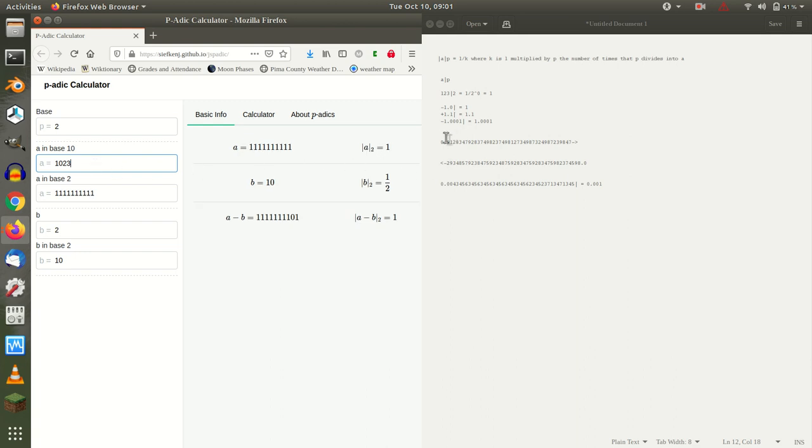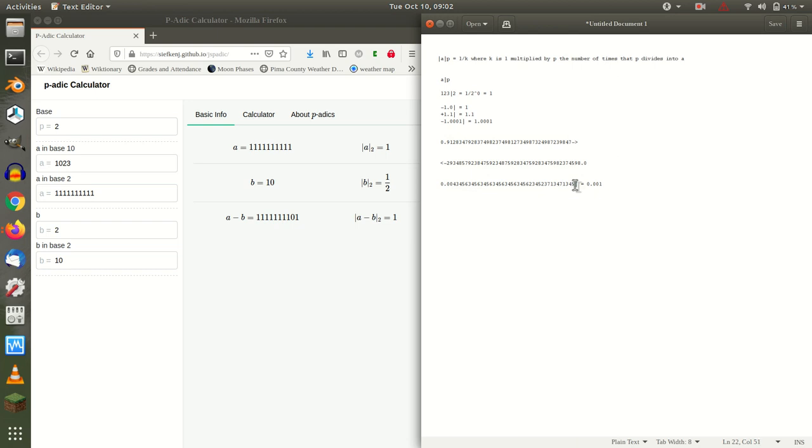So with the real numbers, we're looking at the expansion to the right. With the p-Adics, we're looking at the expansion to the left. But if we analogized the p-Adic absolute value to the reals, it's going to look like this, right?